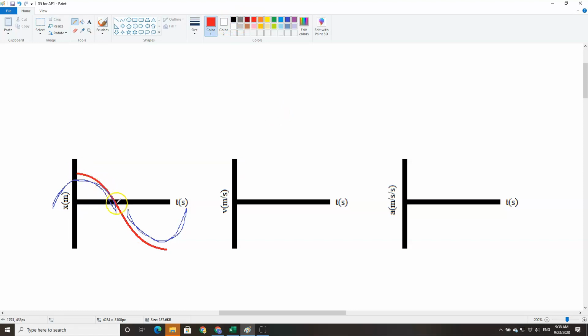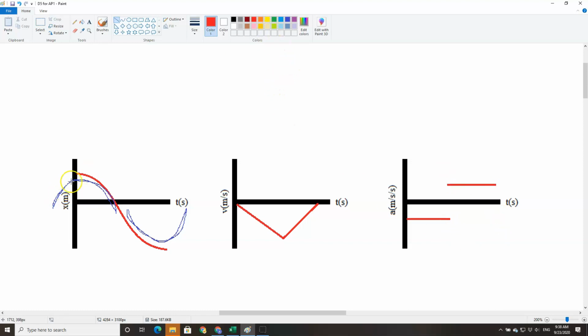It becomes very negative here, but then it still maintains being negative and comes back to 0. So we would be looking at a velocity graph that looks like a V that's upside down like so. Now the acceleration graph would be a horizontal line that abruptly changes to a horizontal line that is positive.